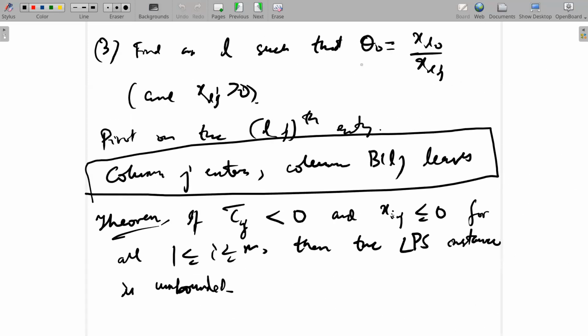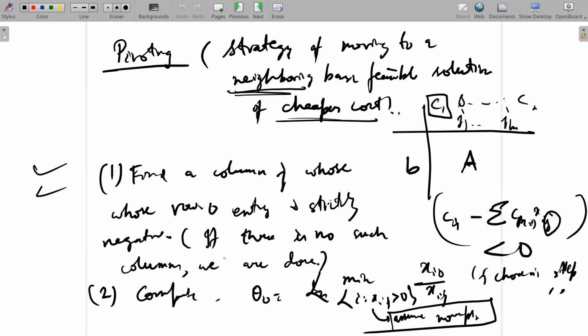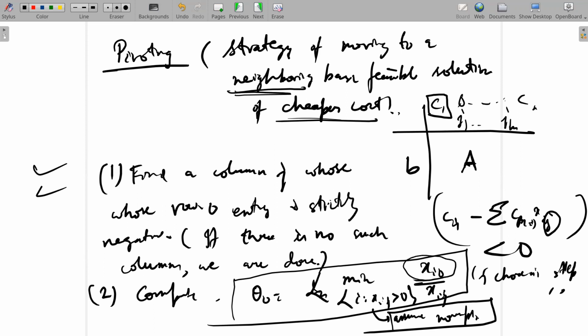Here we are saying that I have to choose theta naught so that theta naught is equal to xl0 over xlj. Here the minimum, of course, has to be positive. I have chosen xij to be strictly bigger than 0, and all the entries of xi0 are non-negative numbers because of the feasibility constraint. So what's the lowest theta naught can go? It can go to 0, right? And that will happen if one of these xi naughts is in fact equal to 0.